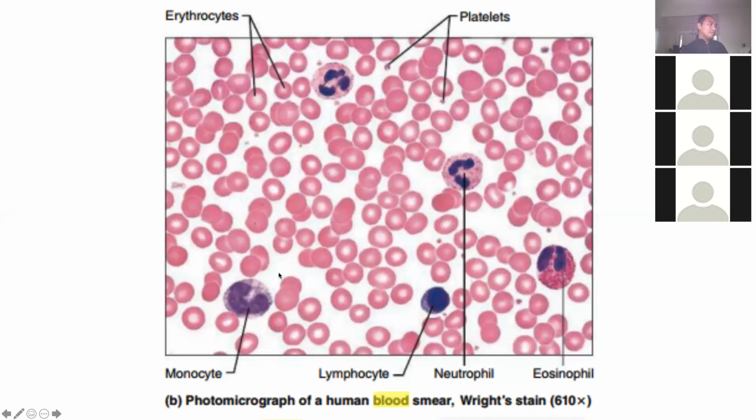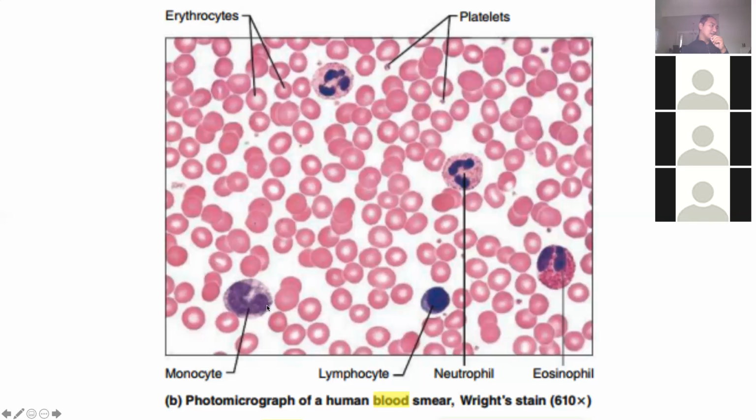Then look at these cells. So RBC, now we have a photographic memory of what an RBC looks like. And now let's look at the cells other than RBC. Look at the difference here. This cell is a blue purple color, and its nucleus fills nearly the whole cell. So this one is slightly different.